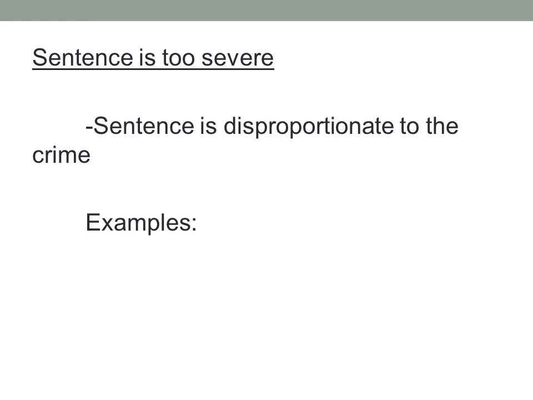The other time we're dealing with a sentence that is too severe is our persistent felony rule. A lot of states, as well as the federal government, have it: if you continue to commit crimes, your sentence gets harsher each time. That's a common occurrence, and depending on the specific crime, it will specifically say that your sentence is going to enhance.